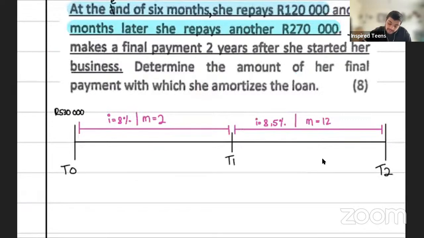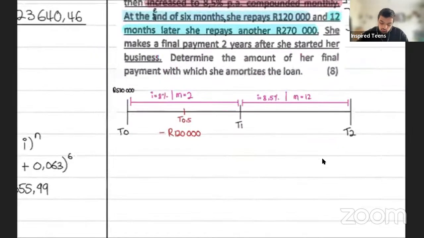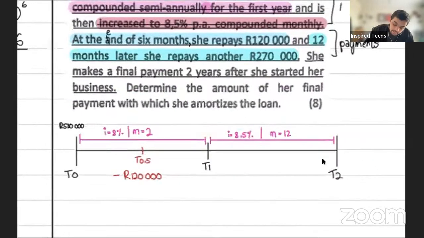At the end of 6 months, which is half of a year, so I'm going to put 0.5, she makes a payment, so I'm going to put minus 120,000 rand, because she subtracts from what she owes the bank.